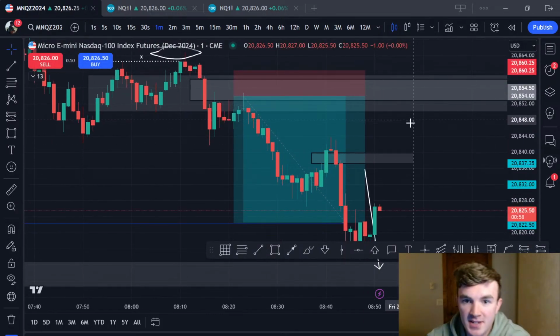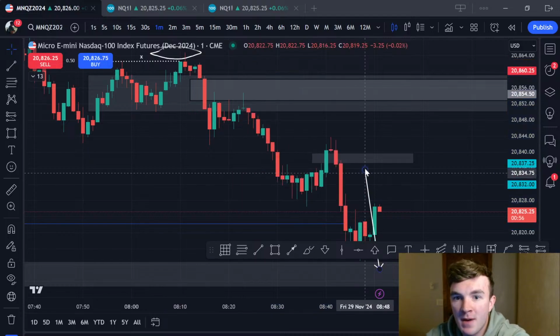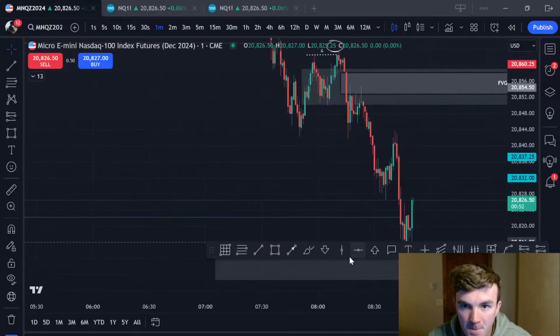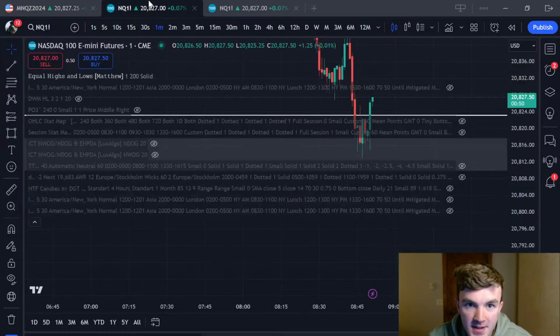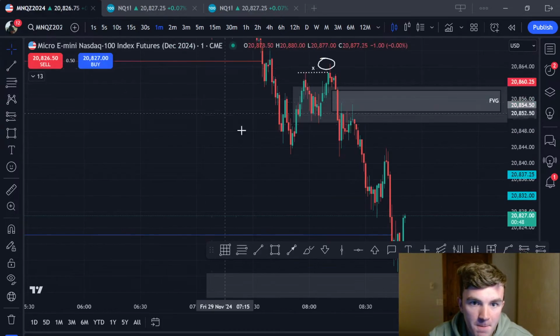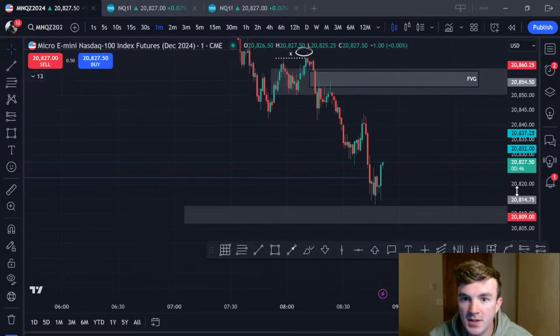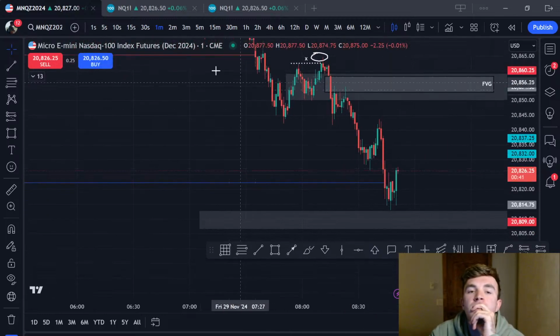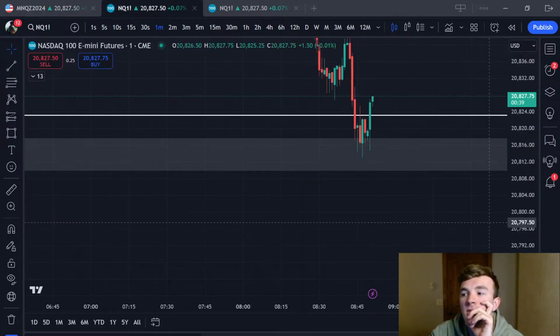But I'm bearish, so I'm going to be cautious on longs personally. I would like to see, trying to think of how maybe we could do this. How could we get a trade?